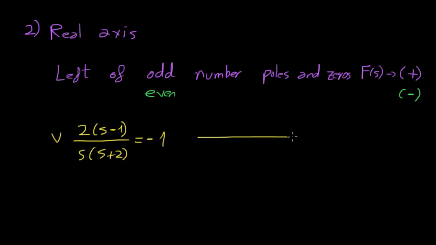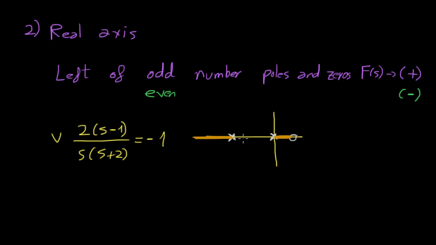Here it is. In this case, we have a zero at -1, a pole at the origin, and another pole at -2. So points belonging to the positive root locus are these ones and these ones, because this part has one pole or zero to the right, and this one has 3 poles and zeros to the right.